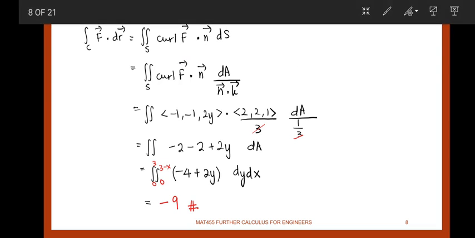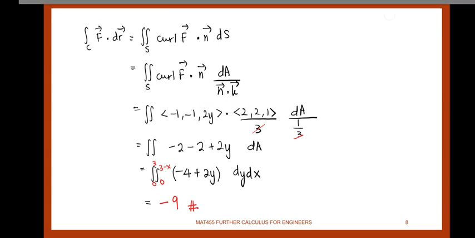Curl F dot with vector n, okay? So vector dot with a vector, then we have plus and minus, okay? You just multiply the components accordingly. This is for component i, you multiply, you get negative 2, and then negative 2 multiplied with 2, you get minus 2, and then 2y times 1, you get 2 plus 2y, okay?